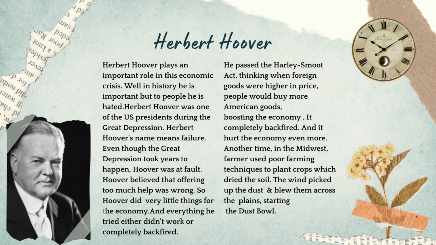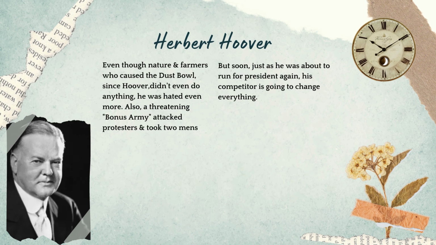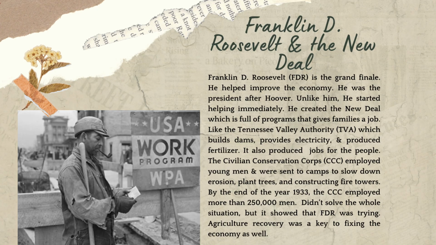The wind picked up the dust and blew it across the plains, starting the Dust Bowl. Even though nature and farmers caused the Dust Bowl, since Hoover didn't do anything, he was hated even more. Also, the Bonus Army was attacked while protesting, and two men lost their lives. But soon, just as he was about to run for president again, his competitor was going to change everything.